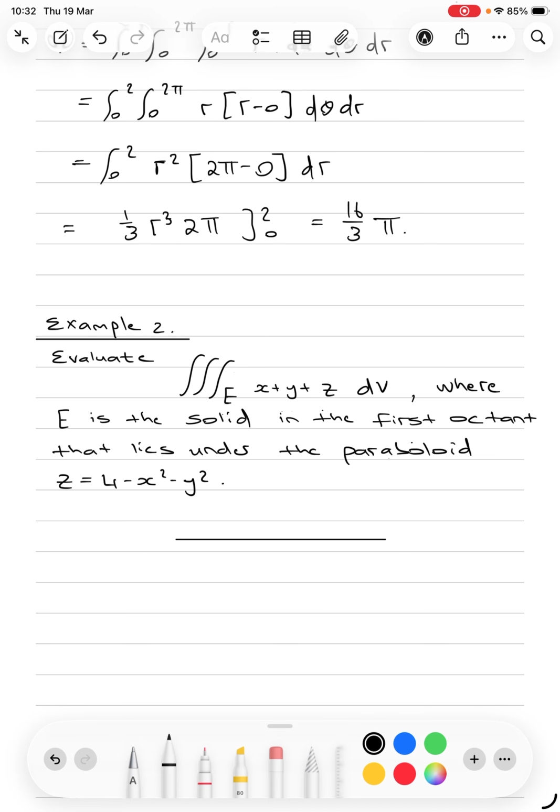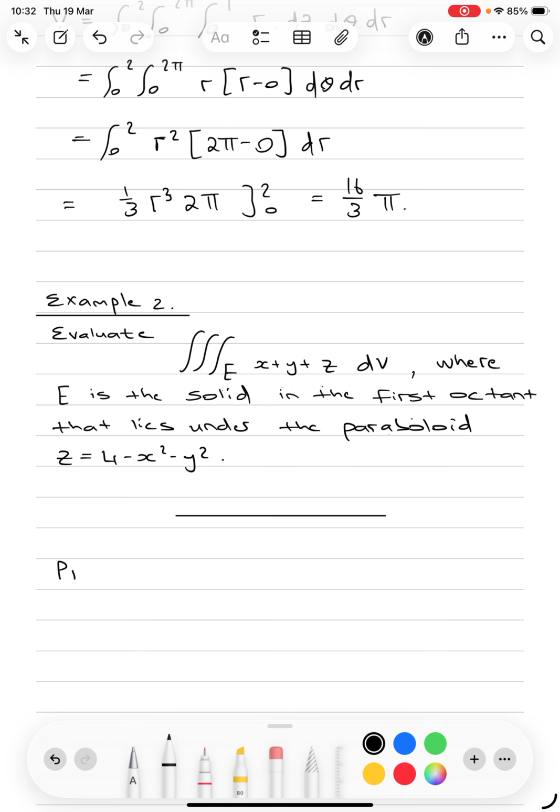Right, so projection onto the xy plane. So that means z is 0. So we have a circle, radius 2, which means we can express it with polar coordinates.